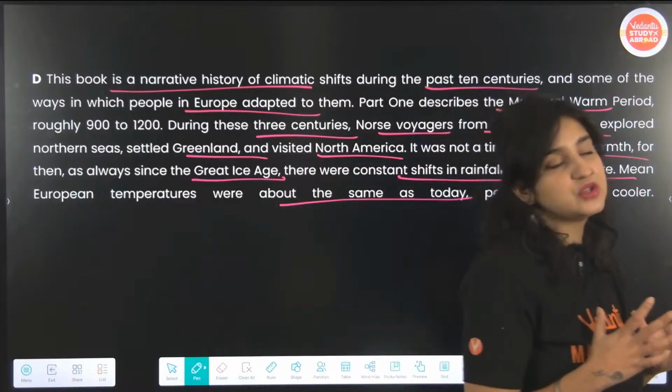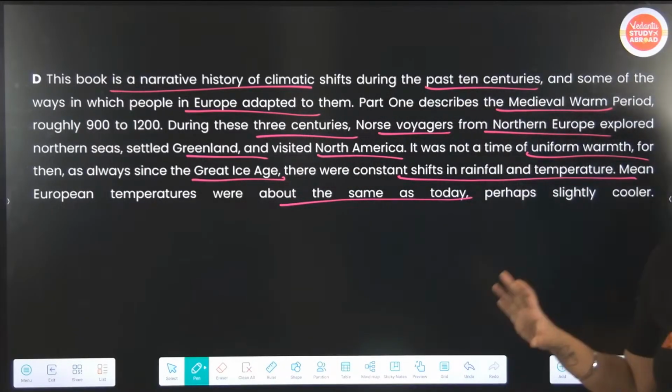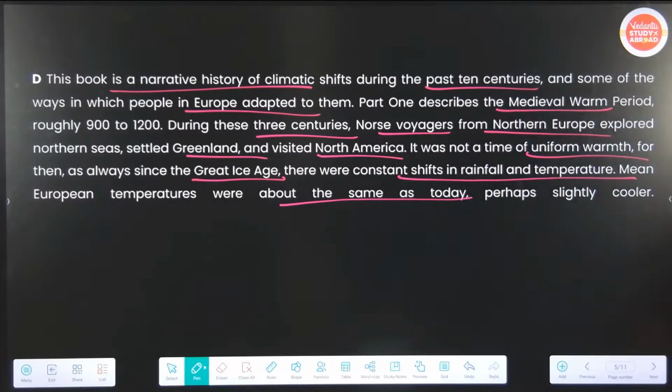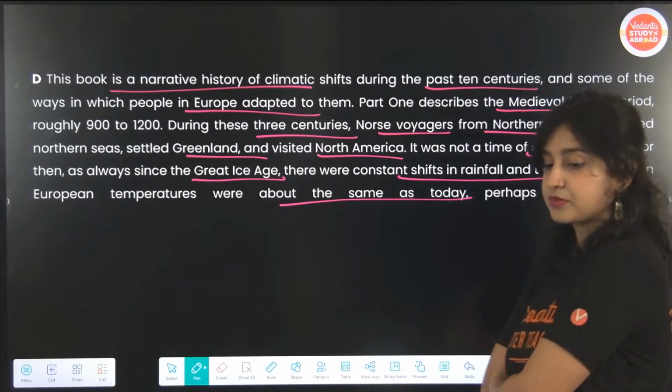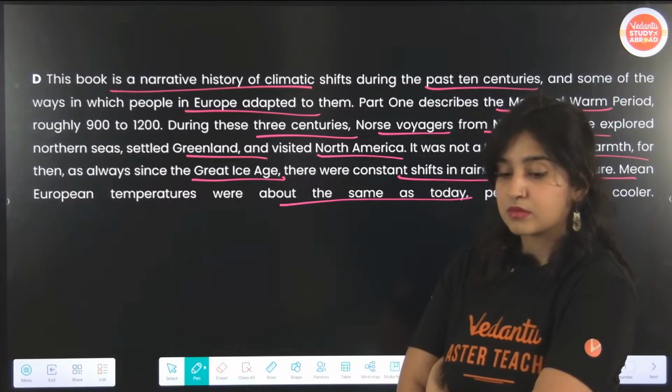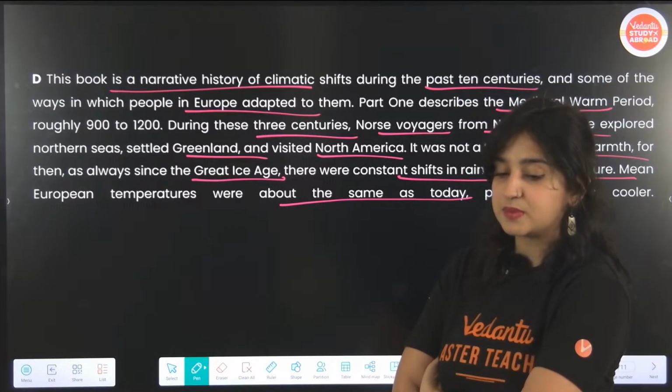What are the notes that you will write down for this paragraph? Quickly now. What will you write down for this paragraph?